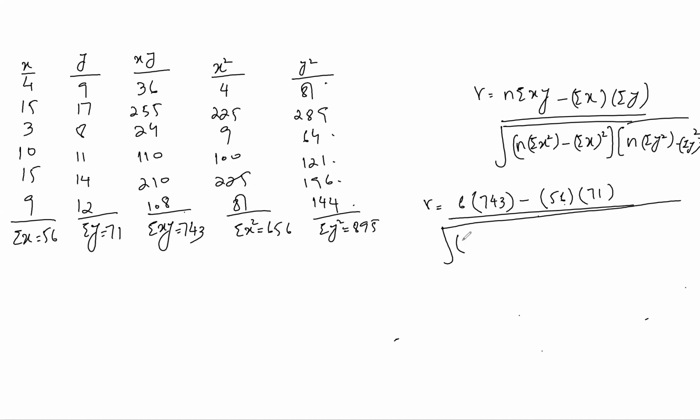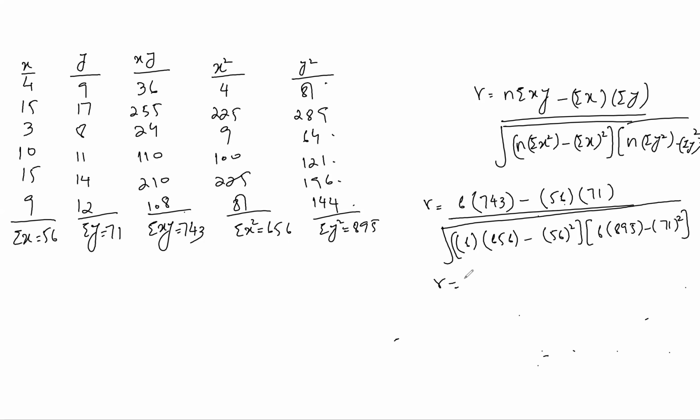Again, n is 6, sum of x square is 656 minus sum of x whole square, 56 whole square, and then again n is 6, sum of y square is 895 minus sum of y whole square.